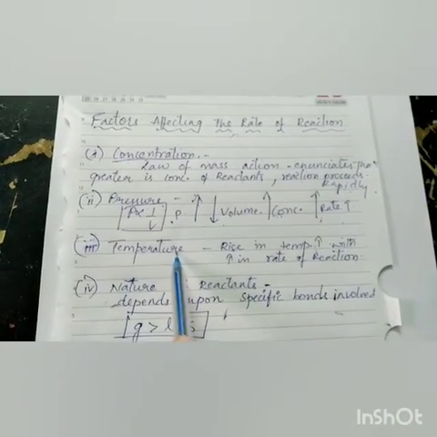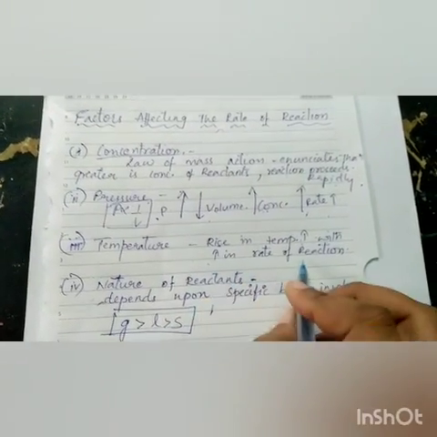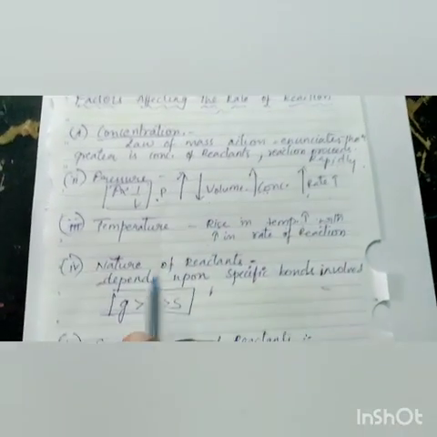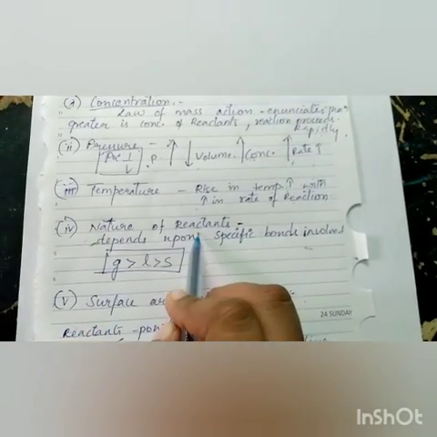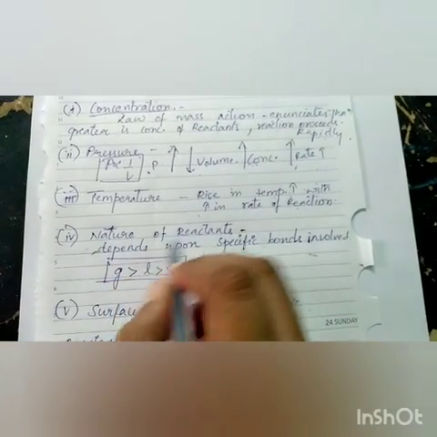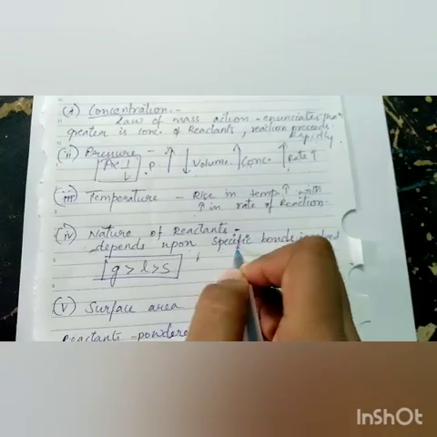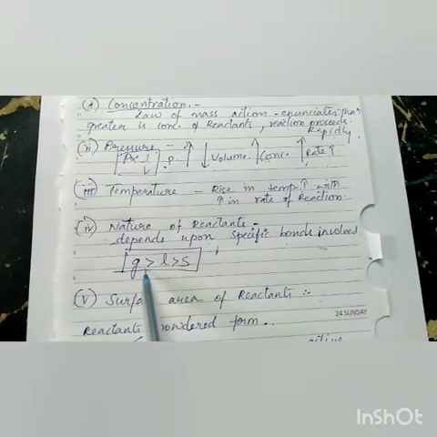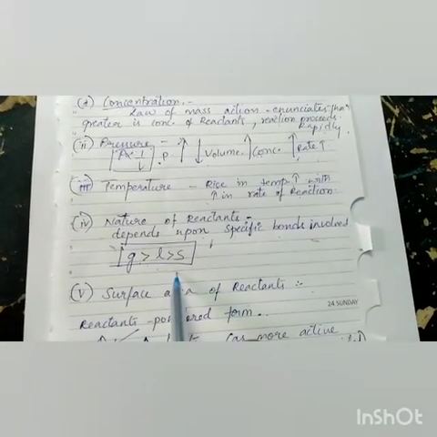Next factor is temperature. When there is a rise in temperature, there is an increase in the rate of reaction. Next one, nature of reactants. It depends upon the specific bonds involved, and here we see that gases are faster than liquids, which are faster than solids.